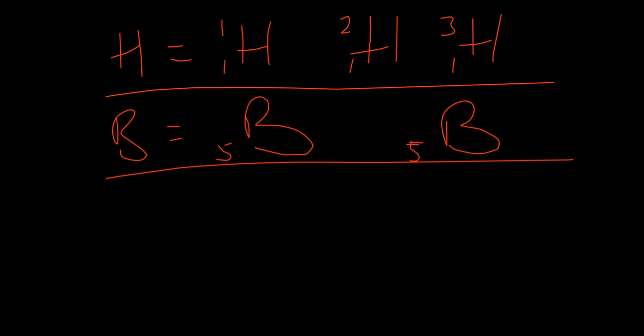However, their mass numbers will change. So you can have boron with mass number of 10, and boron with mass number of 11. These are all boron atoms found in the element boron. However, they have different mass numbers, but their atomic numbers are the same.